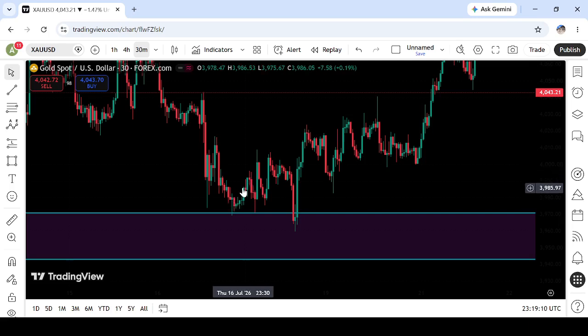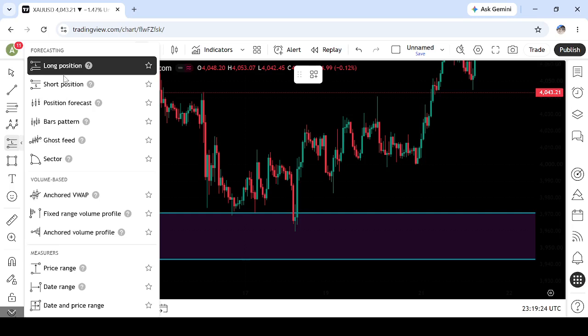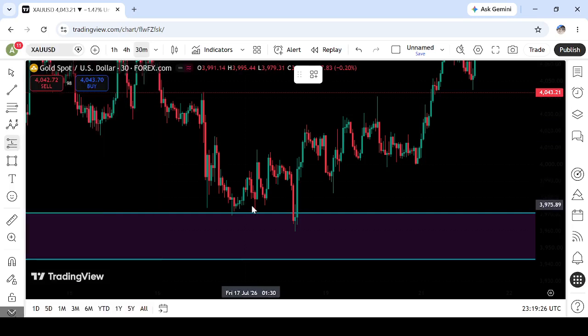So if you wanted to take a trade, as soon as this candle closed over here, that is where you take our trade from, you see. So you pick this, and we are going long, so we are taking a buy.